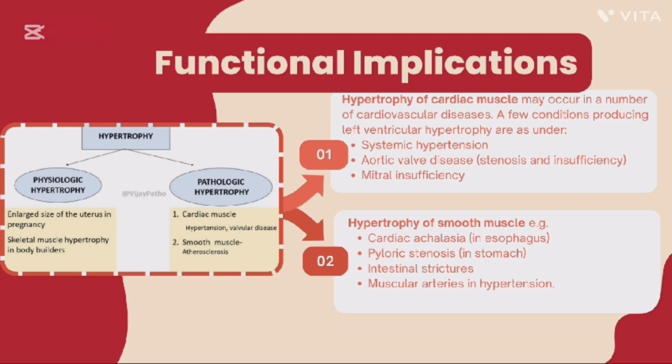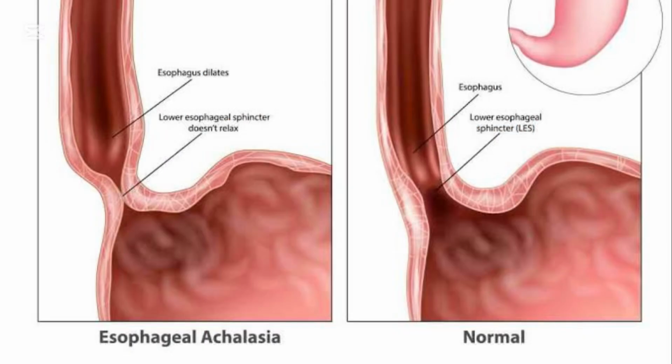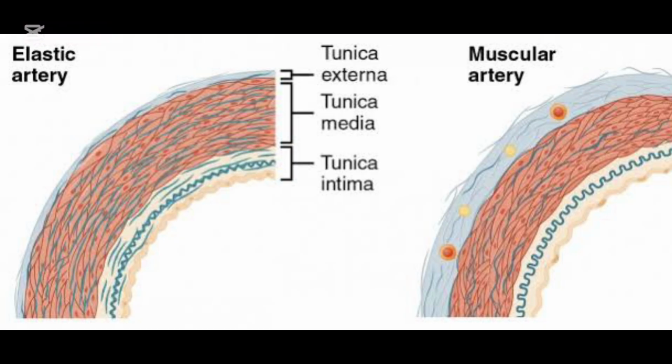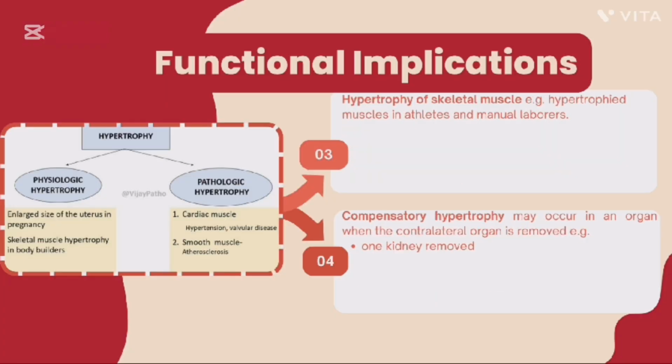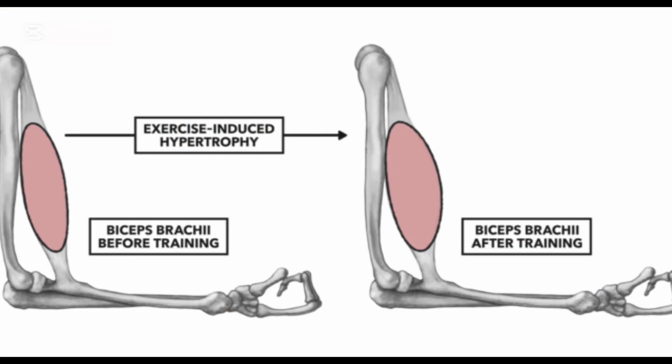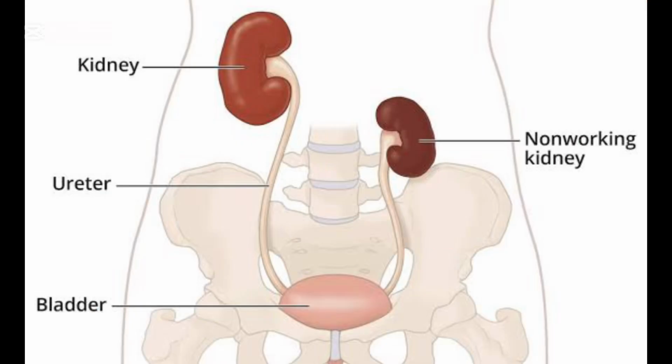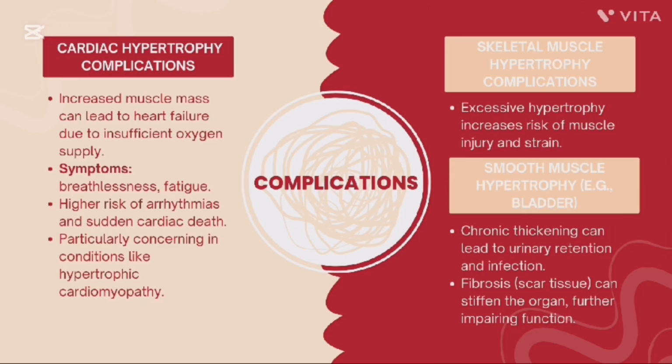The second one is hypertrophy of smooth muscle, where we have cardiac achalasia in the esophagus, pyloric stenosis in the stomach, intestinal strictures, and muscular arteries in hypertension. The third example is hypertrophy of skeletal muscle, which is hypertrophied muscle in athletes and laborers. And the fourth one is compensatory hypertrophy, which may occur in an organ when the collateral organ is removed. For example, when one kidney is removed, the other will grow large to accommodate the function of the first kidney.